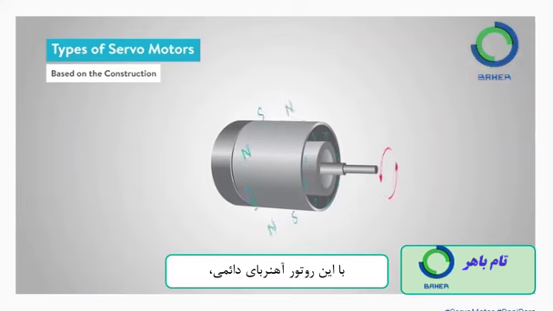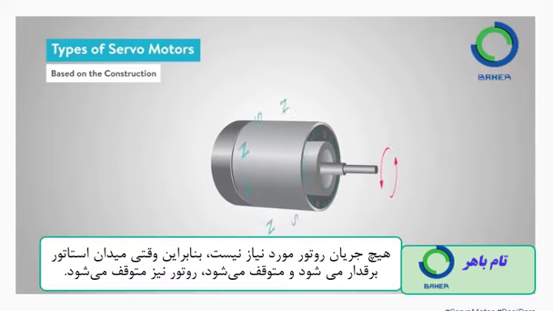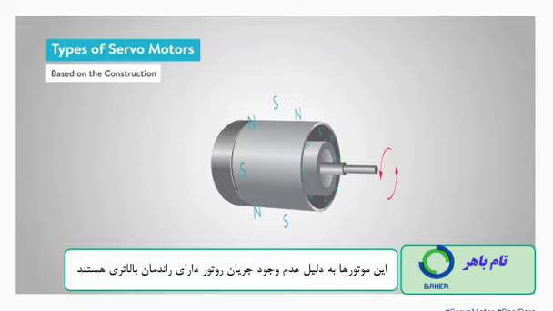With this permanent magnet rotor, no rotor current is required, so when the stator field de-energizes and stops, the rotor also stops. These motors have higher efficiency due to the absence of rotor current.